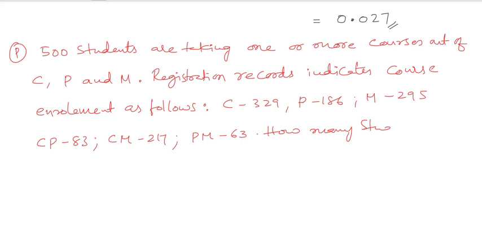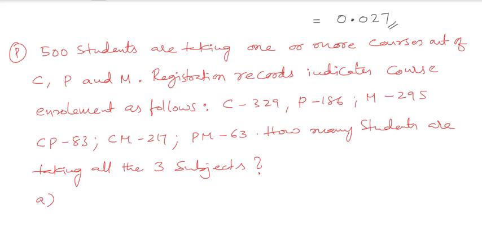How many students are taking all the three subjects? Option A 37, B 43, C 47, D 53. So this is the question.